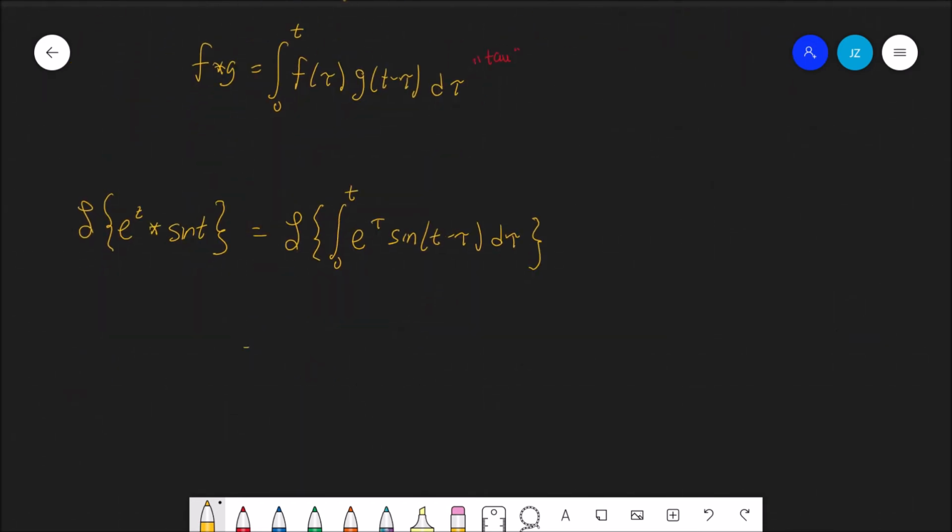I leave it as an exercise to the viewer to show that that integral evaluates out to a half times the quantity e^t minus sin(t) minus cos(t).